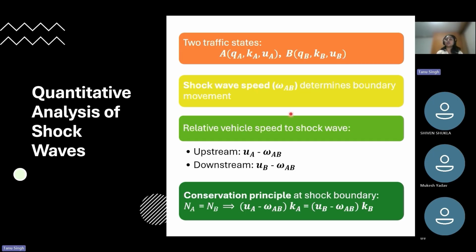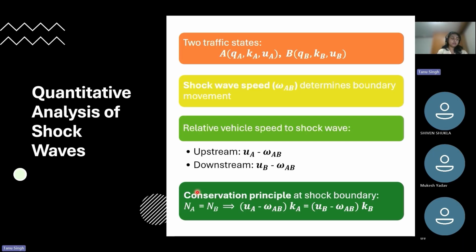So this shock wave, denoted by omega AB, determines the boundary movement. If there is a shock wave, there will be a relative vehicle speed. In the upstream condition, it is UA minus omega AB, and in the downstream condition, it is UB minus omega AB.